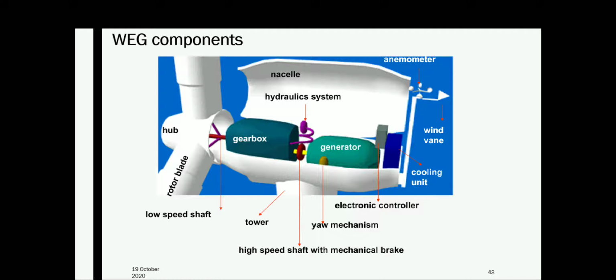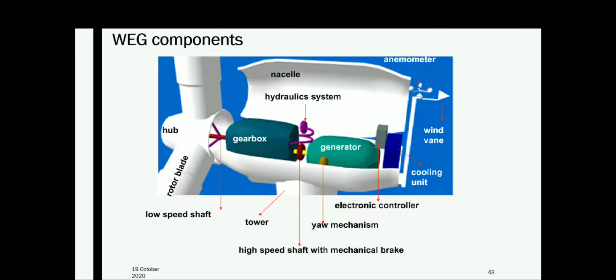As I told you, the nacelle accommodates the transmission mechanisms and generator. Here you can see the rotor, which may have two or more blades associated with it. The wind turbine captures the kinetic energy of the wind flow through the rotor blades and transfers the energy to the induction generator side through the gearbox.